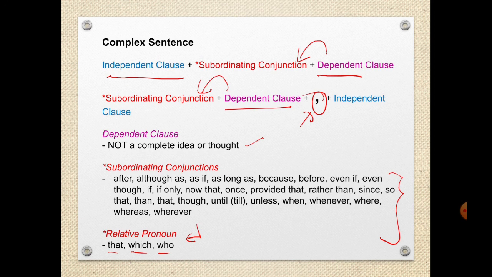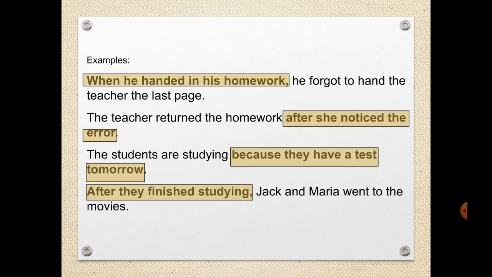Okay, let's look at examples of complex sentences. The first one: when he handed in his homework, comma, he forgot to hand the teacher the last page. When is the subordinating conjunction.